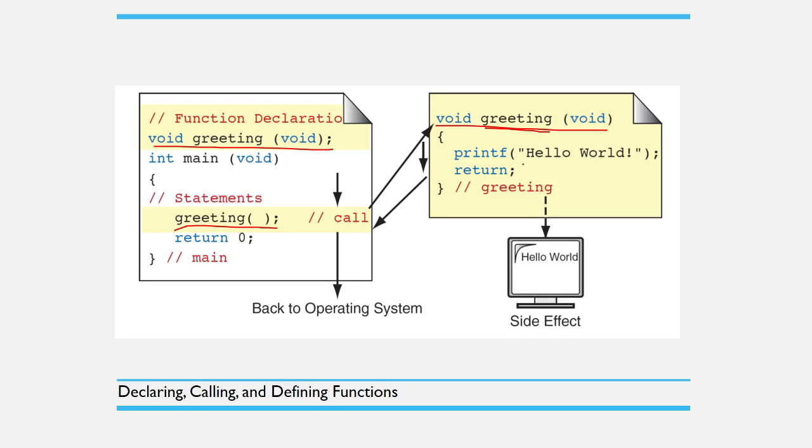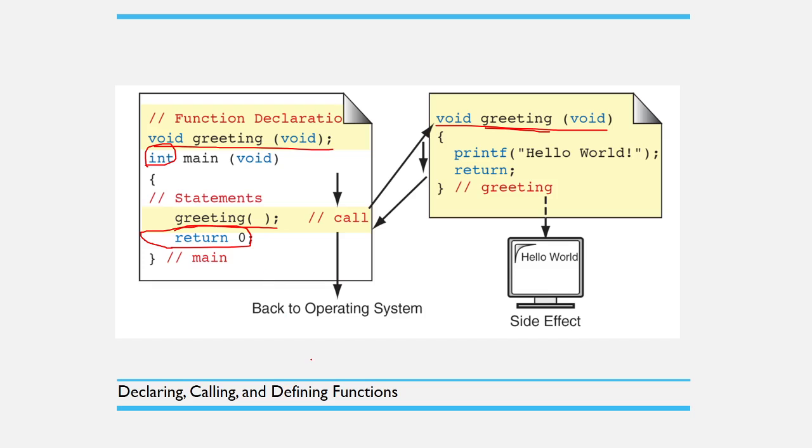After printing, the program flow will go back to the main method, and there are no other statements inside the main method but the return 0. This return 0 specifies the return value of this main method of type integer.